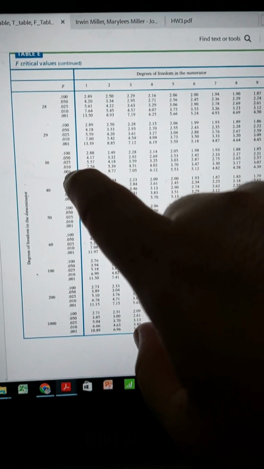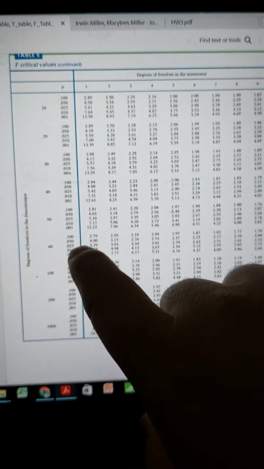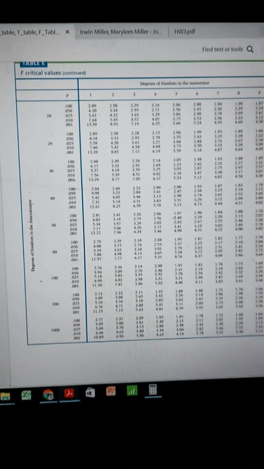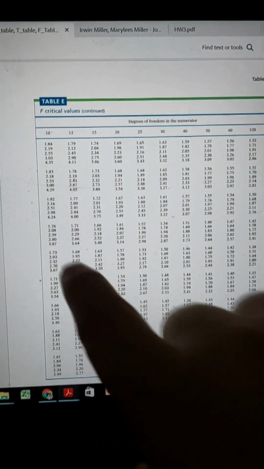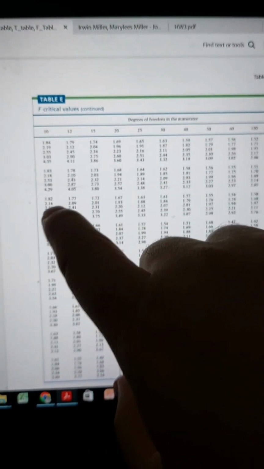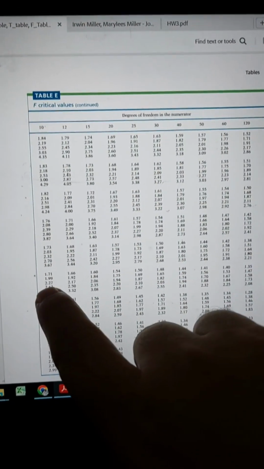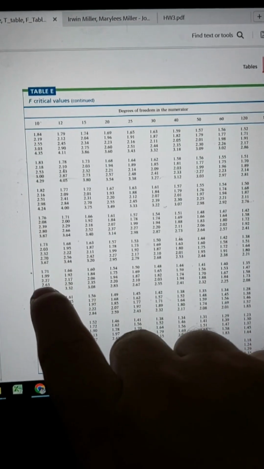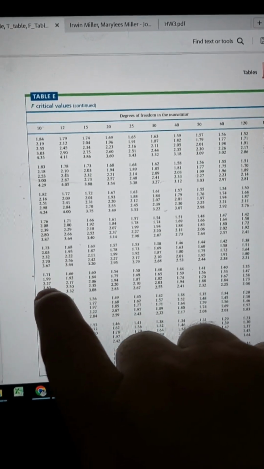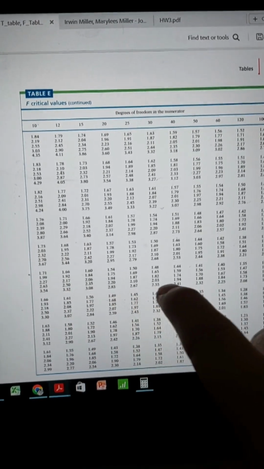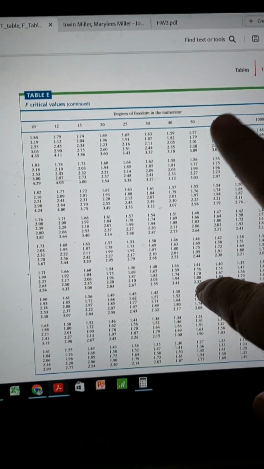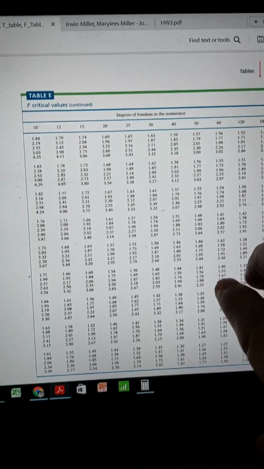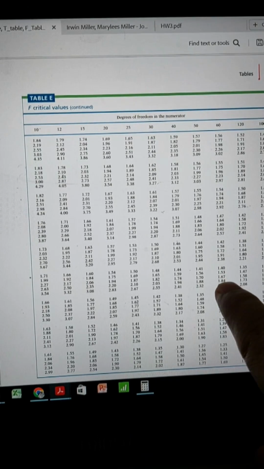First, second, third, fourth, fifth and sixth, and in the sixth we have 0.10 on the fourth one. Going page down, it is first, second, third, fourth, fifth and sixth, and in the sixth we have the fourth one, 0.01, that we need to find. Against this, going to the numerator 60, it converges on 1.84.